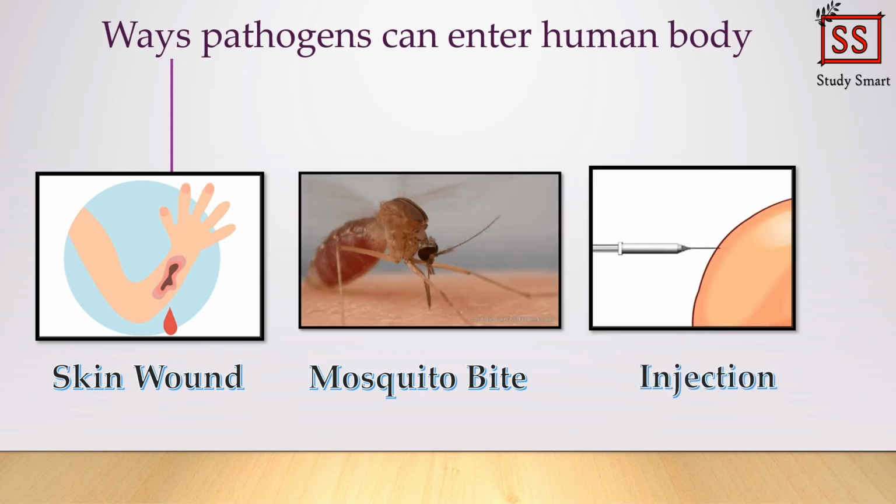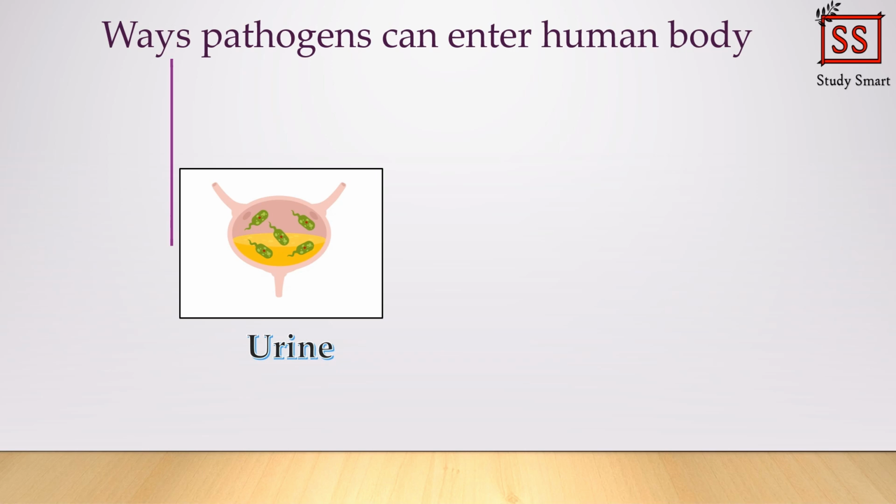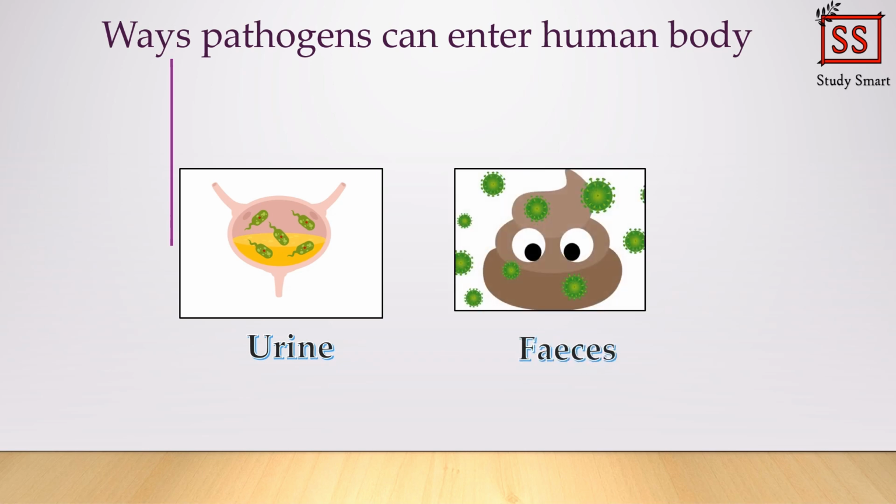Moreover, pathogens can enter the body through injection of contaminated substances. The practice of sharing needles among drug users or receiving injections with improperly sterilized needles can directly introduce pathogens into the bloodstream. The last two ways pathogens can enter our body is through contact with surfaces contaminated with infected urine and feces.